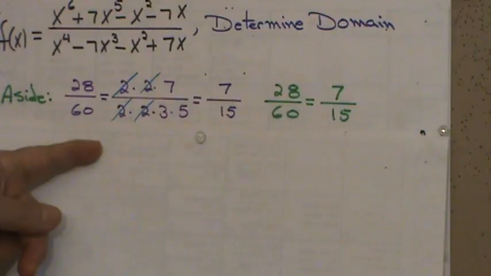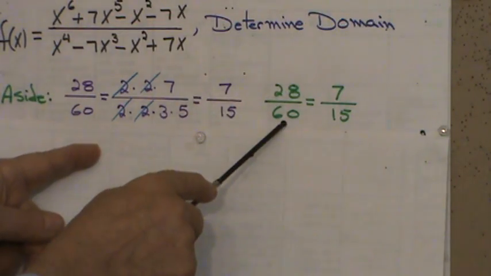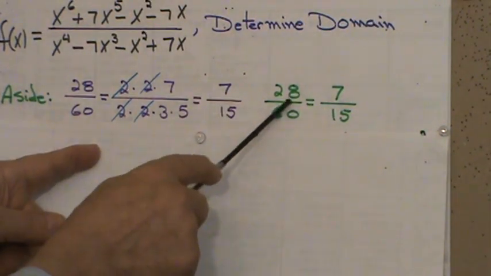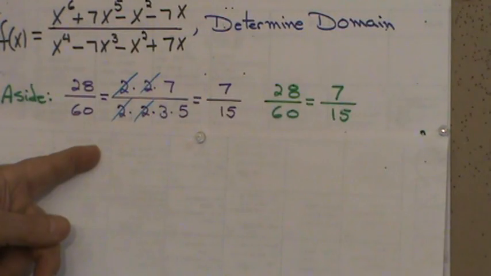You notice I factored them out, I canceled them out. So I end up with 28 over 60 being equal to 7 over 15. Now these two are equivalent. Equivalent means they are equal, but they look different.